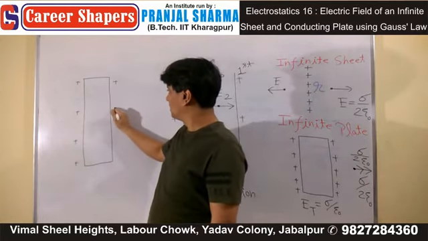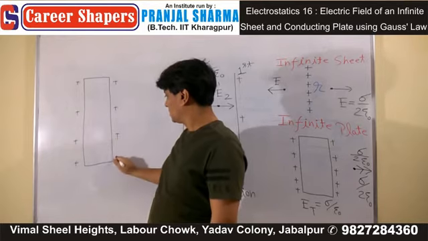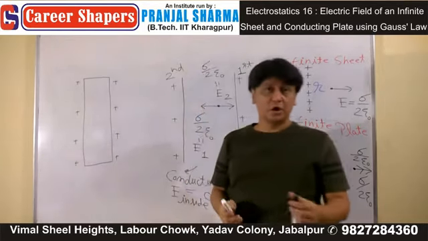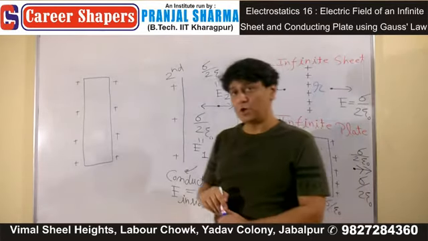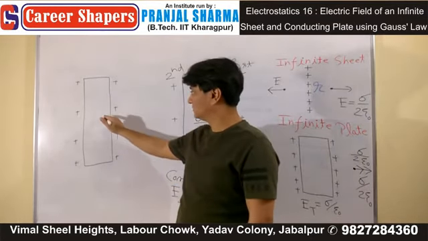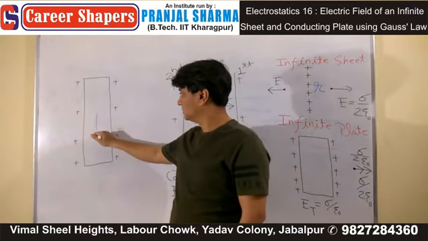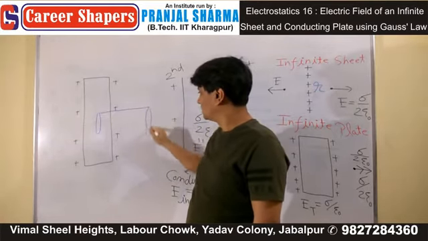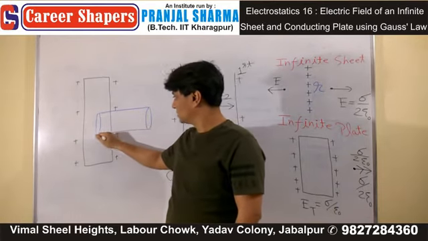This is the third method using Gauss again. The Gaussian surface is this.